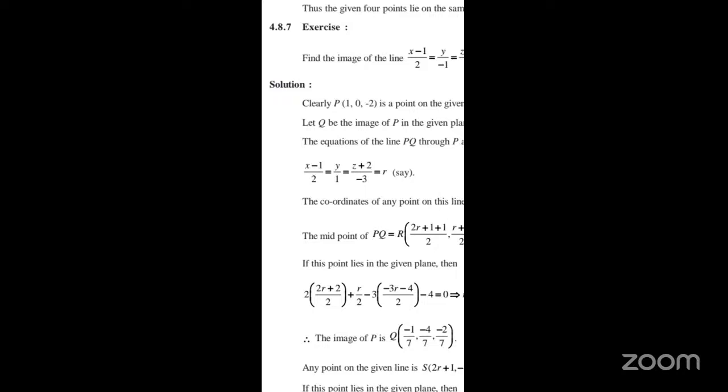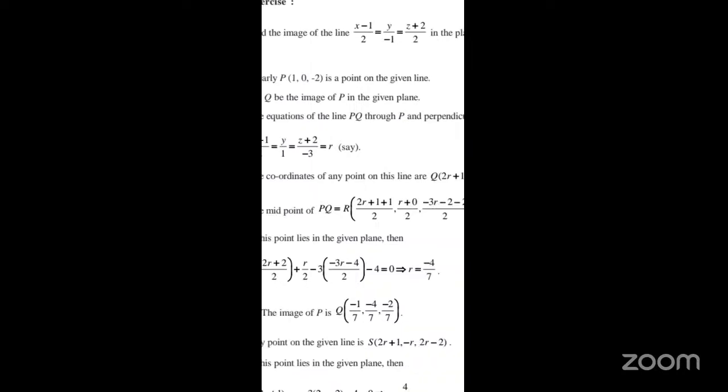The image problem must be given in the final examination. Don't forget this one: the image of a point in a plane, a point in a line, and a line in a plane. Now, how to find the image? This problem 4.8.7 is very important. Okay, don't forget. Thank you.